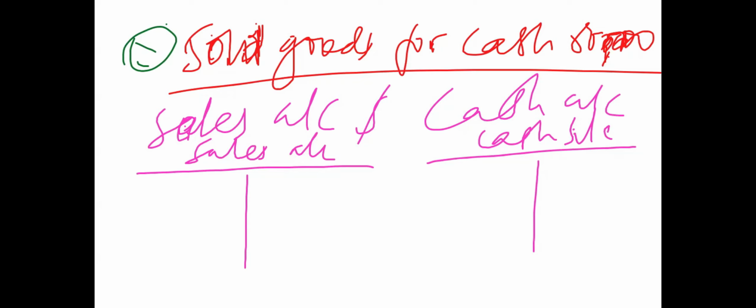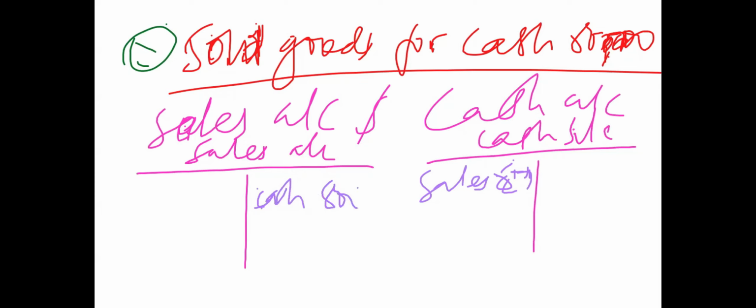So here we are receiving cash, so we are going to be debiting it. So we come here and we debit it, sales of 800. Then automatically the credit side of the sales account will be done in the name of cash.